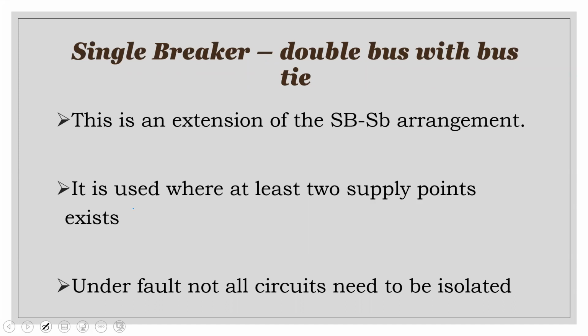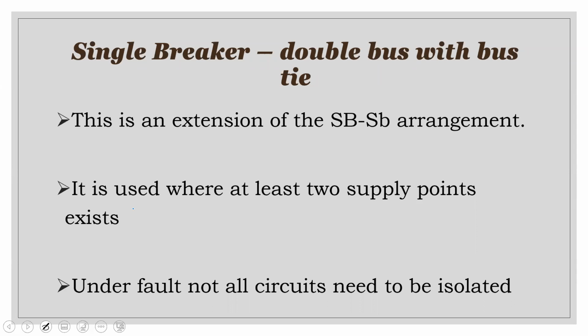So if I have a substation that can get supply from 2 other stations, then I could have my single breaker, double bus with bus tie. Are you with me? So if I lose one, I just put in the bus tie and I'm good.